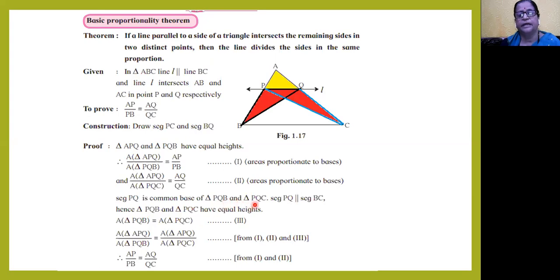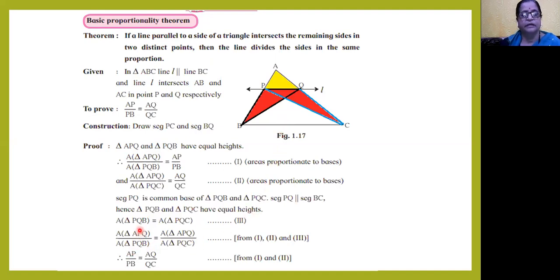Segment PQ is the common base of triangle PQB and triangle PQC. See this one triangle, triangle BPQ, and another triangle, PQC. Here segment PQ is parallel to BC.